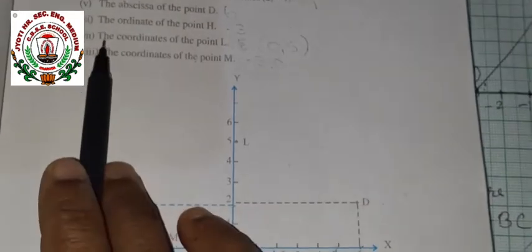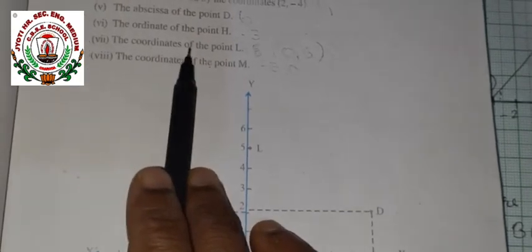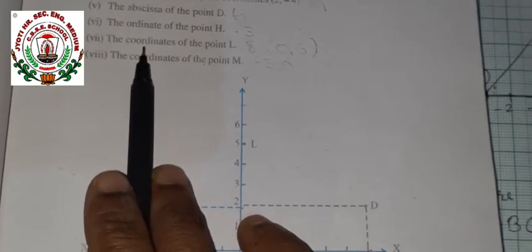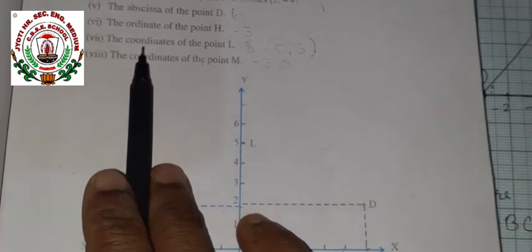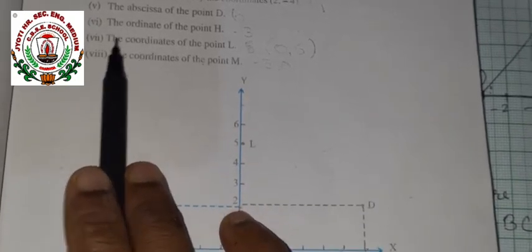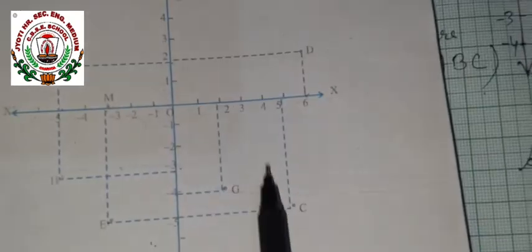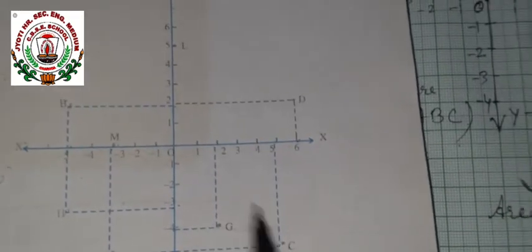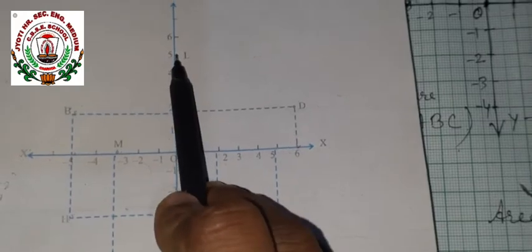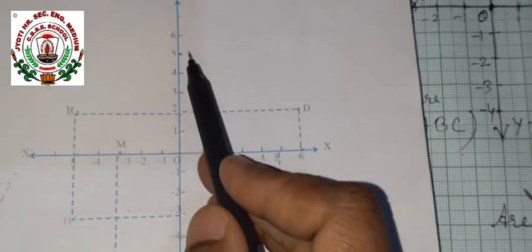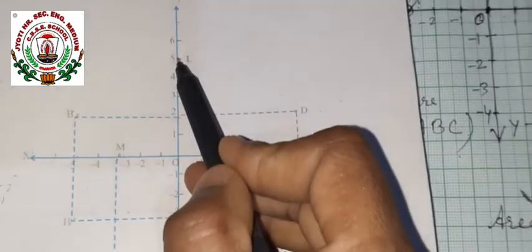Okay. Same way the coordinate, or coordinates, means x and y both. Okay, x-axis value and y-axis value both we will write. The coordinate of point L. Where is L in the figure? See, L is here. So L point what? You can see L is in y axis only.